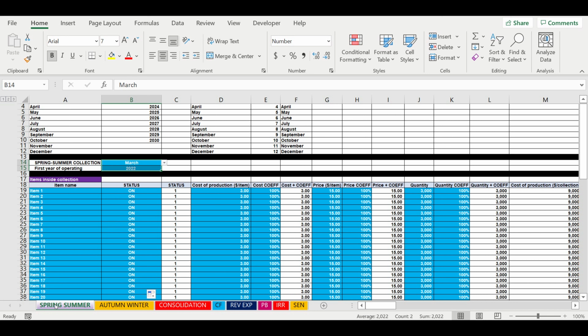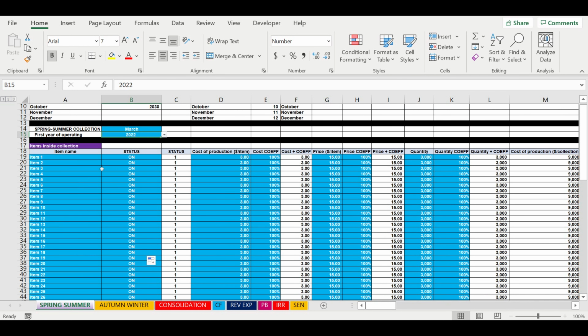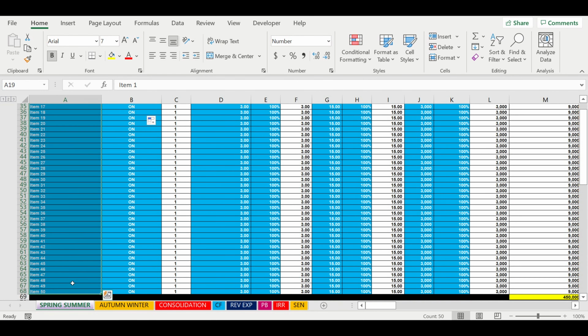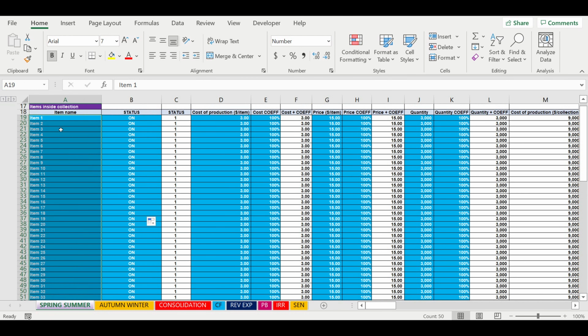Let's take the spring summer collection because it's the first spreadsheet, and we assume that we start selling our spring summer collection in March of each year, and the first time we will start selling this collection will be March 2022, for example. And our collection will consist of these items. So here we just name shorts and different types of clothes one by one.